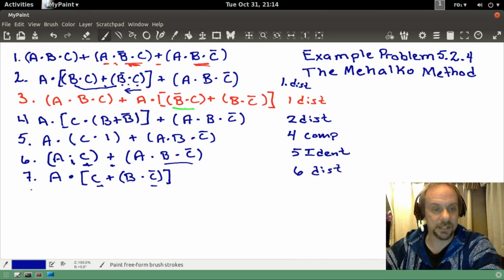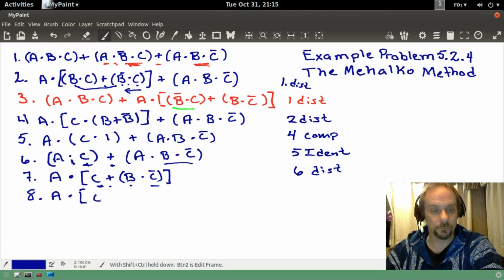And then line 8, opposites are going to pair up. So, okay. A and C or B, and C or not C. From line 7, by distribution.